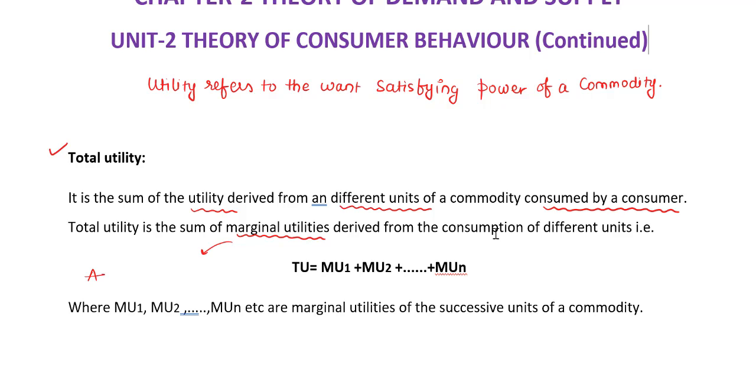Over here, marginal utility means additional utility derived from consumption of one more additional unit. It could be denoted by this formula: TU, that is total utility, equals marginal utility 1 plus marginal utility 2 plus up to marginal utility at nth unit, is known as total utility.